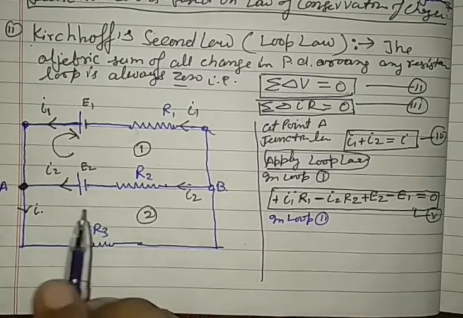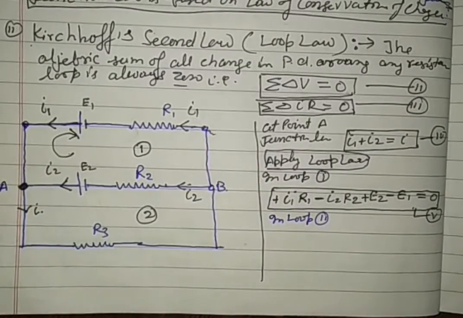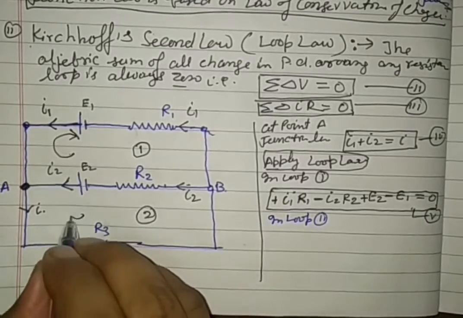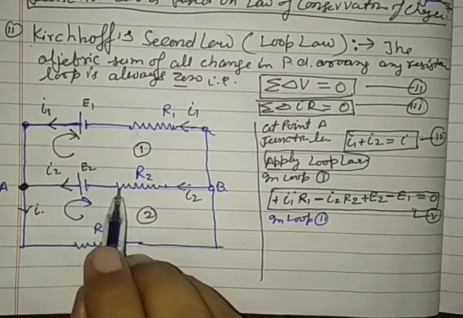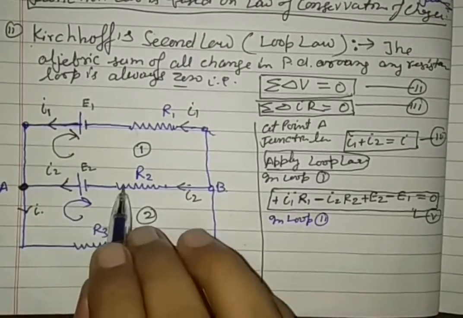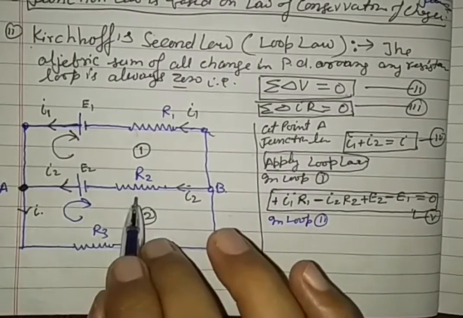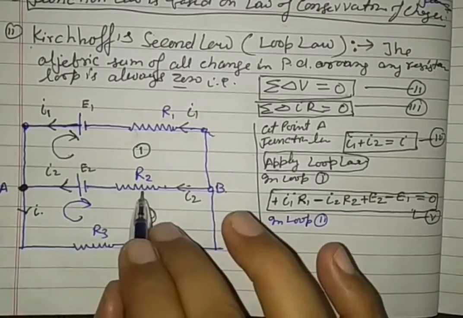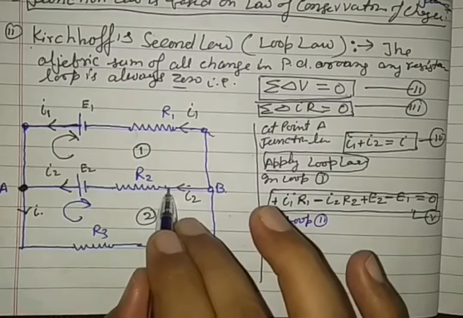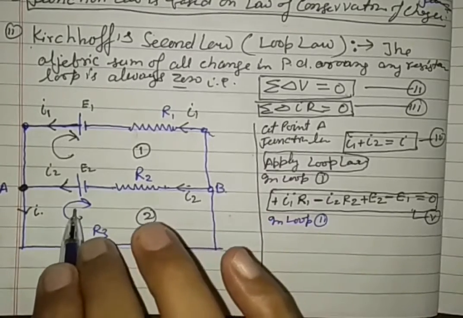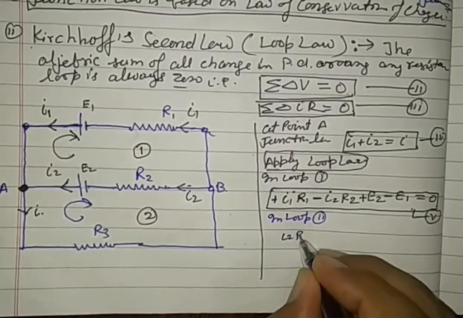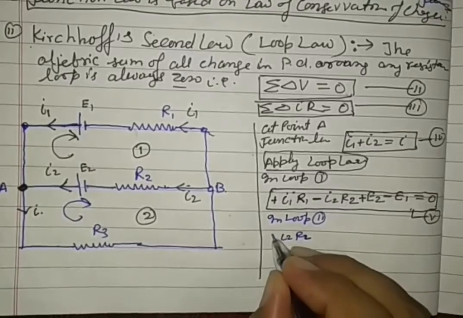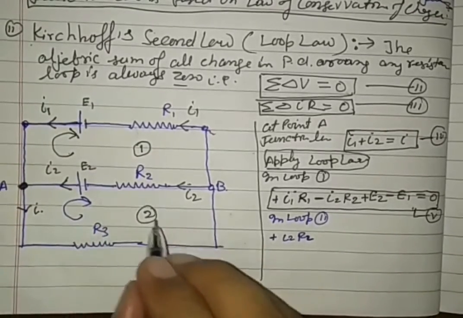See in this loop 2, the sign convention is the same. Here I2 R2 is the potential difference in resistance R2, but it is just opposite to that. So I2 R2 in the second loop has a positive sign.